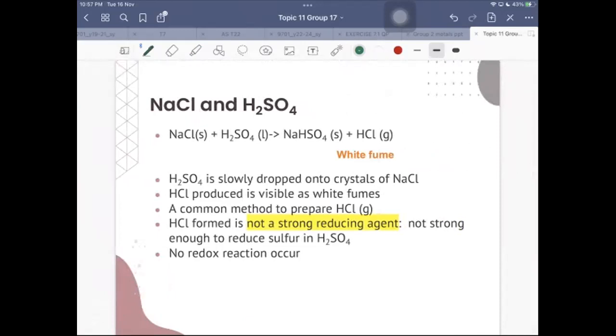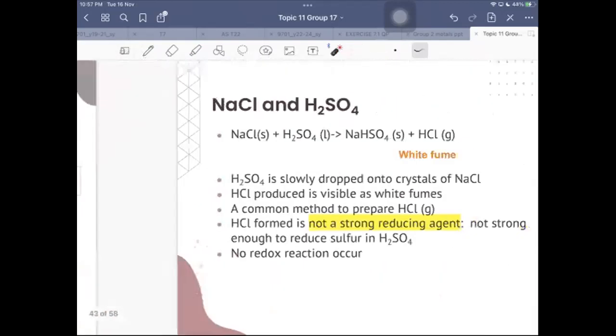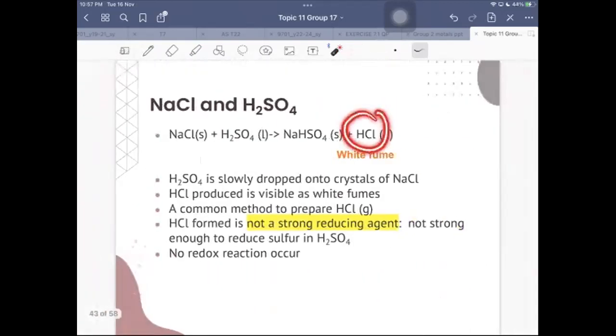So what happens? Referring to the general equation in the previous slide, sodium chloride will react with sulfuric acid to form sodium hydrogen sulfate, okay, and hydrogen chloride gas, which appears as white fume, right? Because chloride is a weaker reducing agent, the reaction stops there.